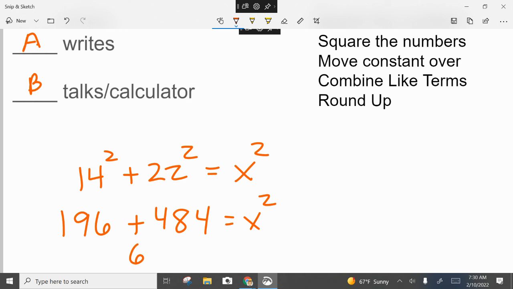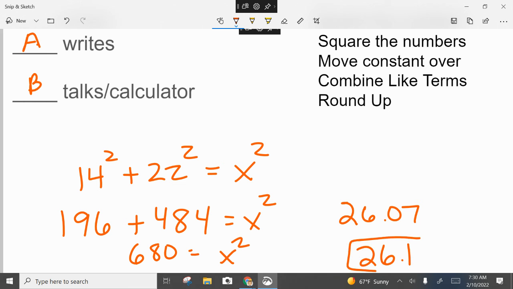And then you're going to get 680 as you combine like terms. Okay. Then square root 680. I get 26.07. Can I bump that up? 26.1. There's my answer. Okay.